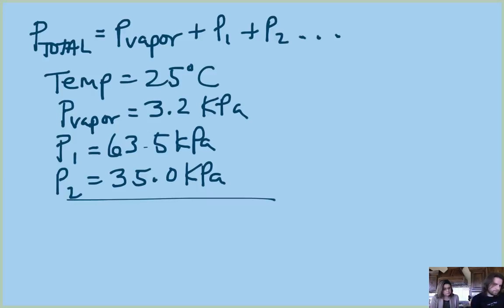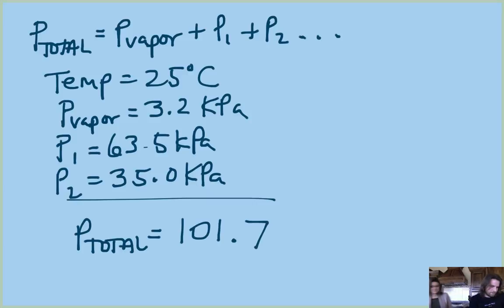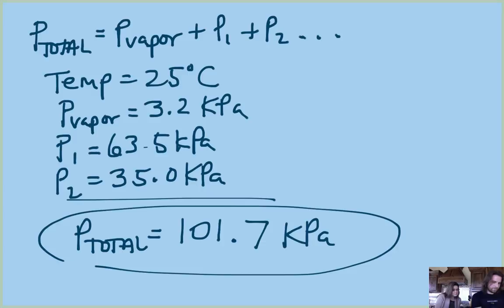Our total would be 101.7 kilopascals. So that's basically it. You just have to use a chart for the water vapor. Everything else is just adding up the pressures. Make sure they're in the same units though. That's the only trick.